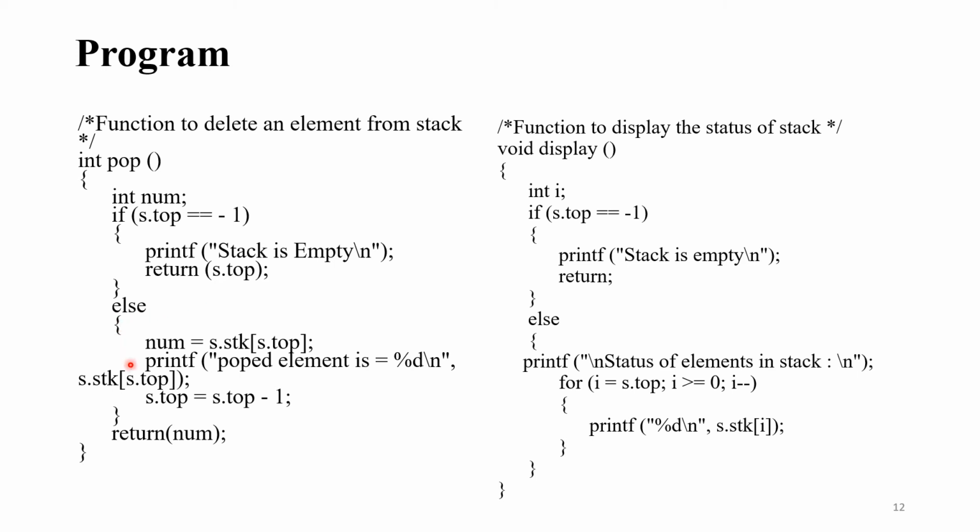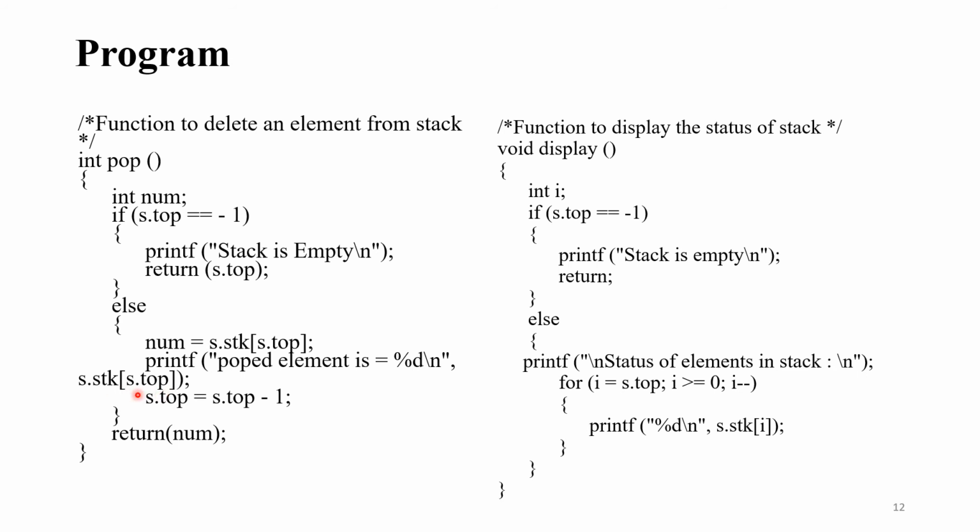In the else part, num is equal to s.stk[s.top], where top is pointing to the last index of that stack, meaning the last element of that stack. So here we print that popped element: printf("popped element is %d\n", s.stk[s.top]).